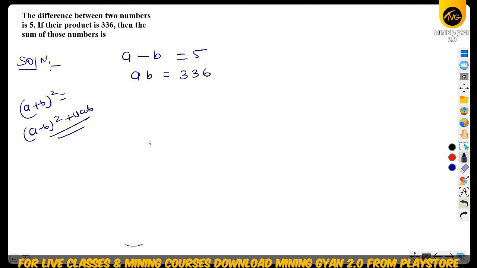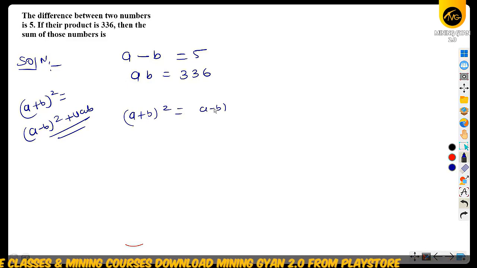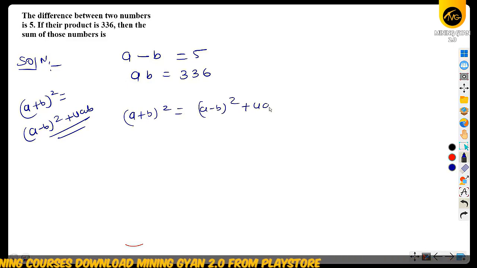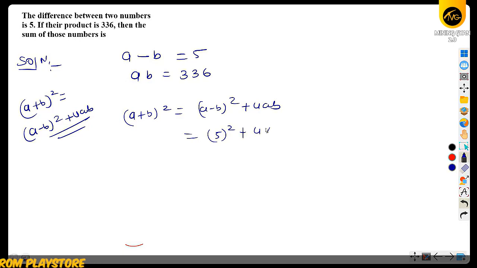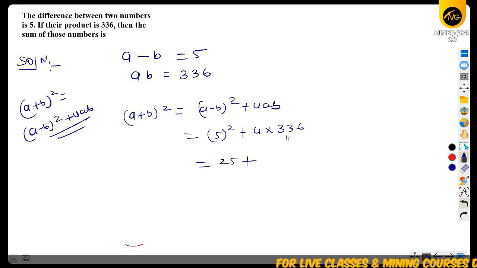So A plus B whole square is equal to A minus B whole square plus 4AB. Now, what is A minus B? That is 5. So 5 square plus 4. What is A into B? It is 336.